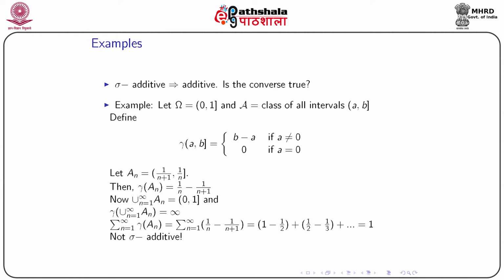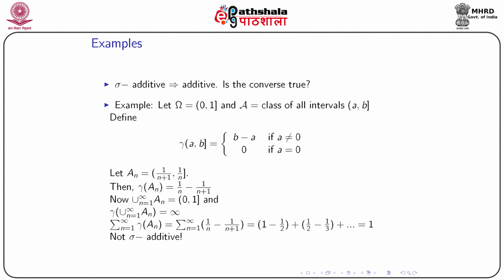Now, we define the set function gamma(a, b] as b minus a if a is not equal to 0, and if a equals 0, this set function will result in value 0. So, gamma can take two values, b minus a or 0, depending on the value of a. If a is non-zero, it will be b minus a, if a is 0, it will be 0. Now, we have to show that this is additive, but not sigma additive.